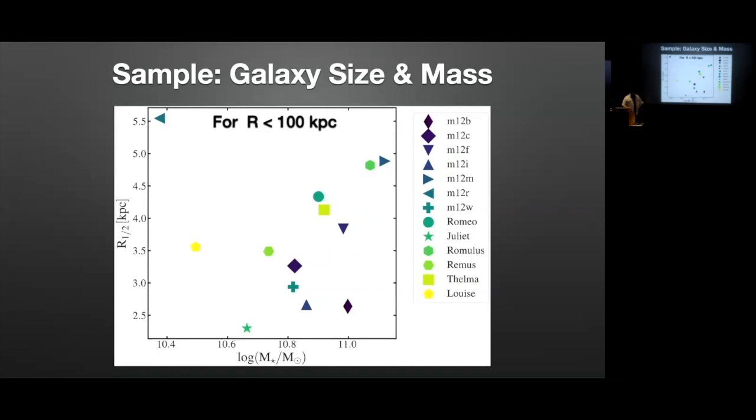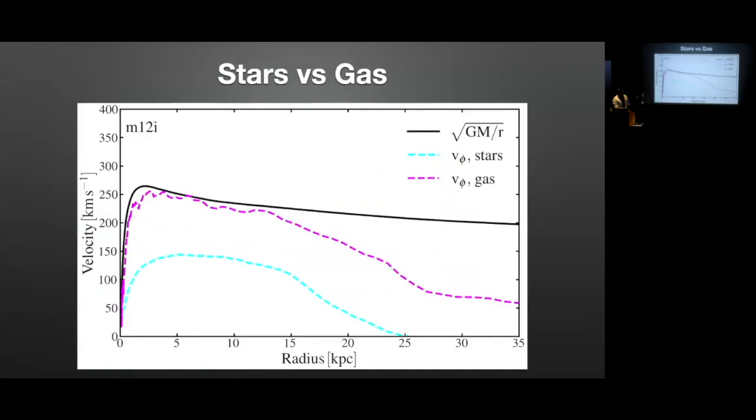We have a range of masses between roughly 10^10.4 up to 10^11 in stellar masses, and again, a good range of half mass radii. We do have a weirdo up here that should be m12r, and I'll talk a little bit about this as I go through it. But let's talk about the rotation curves in these simulations.